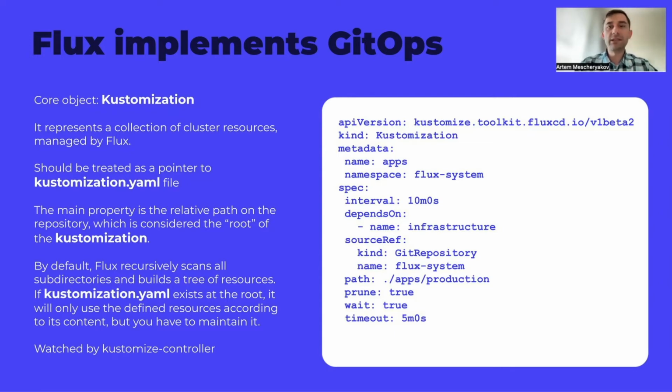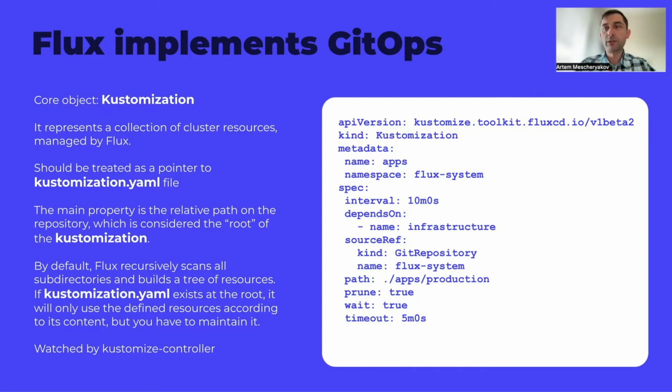A Kustomization resource, which is a custom resource of Flux, is normally a pointer to a kustomization.yaml file, which should exist on the path where Flux looks, but it's not necessary.